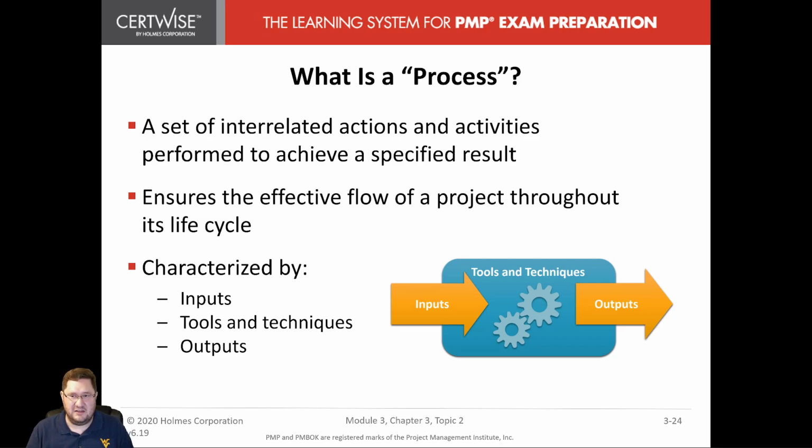The tools and techniques might be your expert judgment in analyzing that data, and your output could be a report that you're giving to the person who needed it. So these processes ensure the effective flow of a project through its life cycle. By knowing these, it's really going to help your projects in the long run. And of course, it's input, tools and techniques, and then outputs.